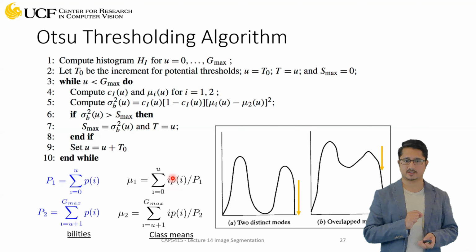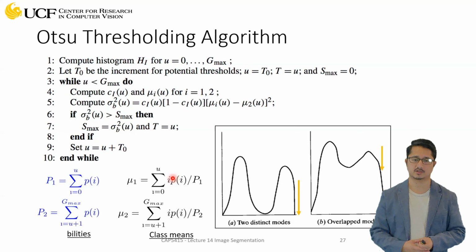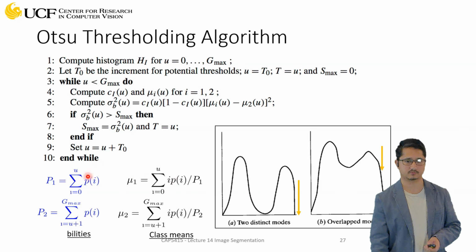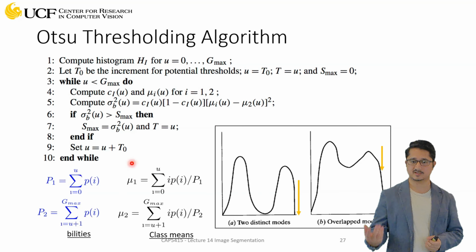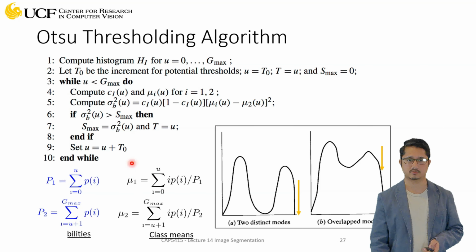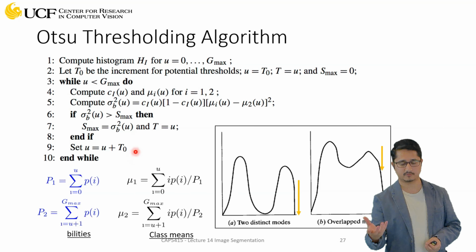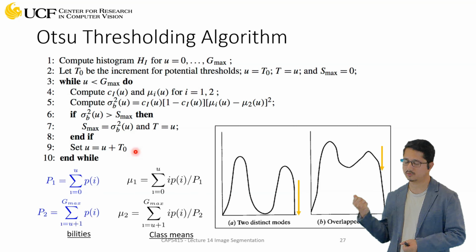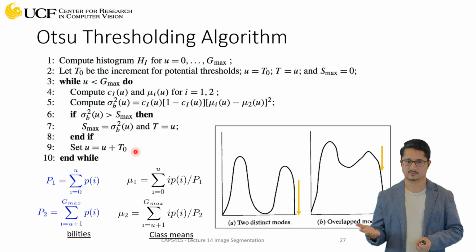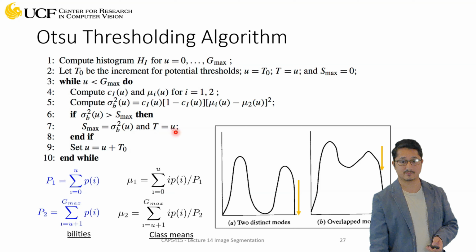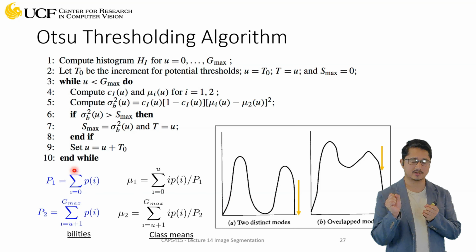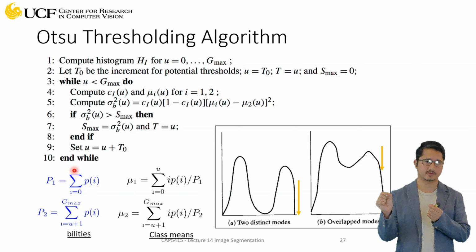Now, once you know that, comes the tricky part: how to find this U. Again, this is a very simple brute force algorithm. If you know what brute force is, you try everything. And everything in this case is pixel values ranging from 0 to 255.